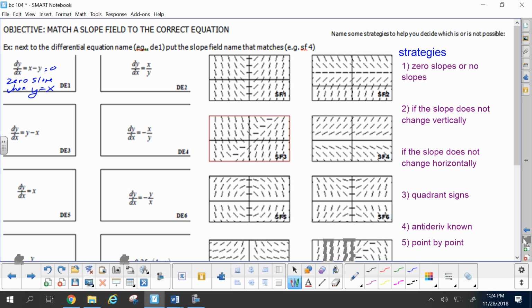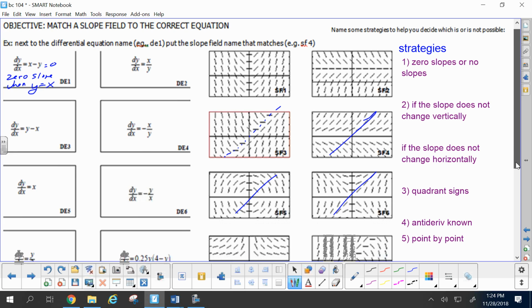Look at this graph. Along y equals x, does this have 0 slope? Not so much. This guy, not so much. Look at this one. Along y equals x, all the slopes are 0. That's a candidate. Okay? This guy, the slopes are not 0 along here, so that's not it. That's not it. Those are not 0 slopes.